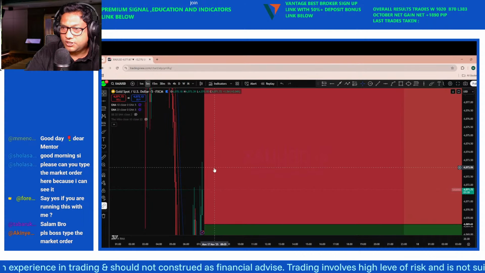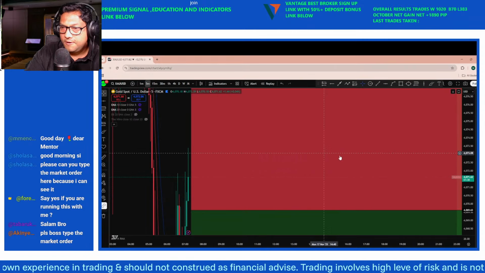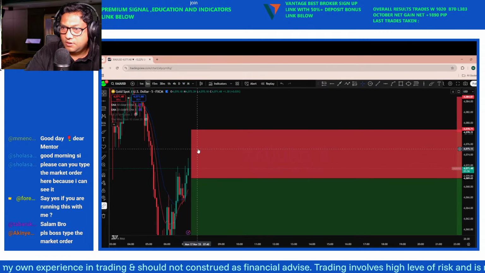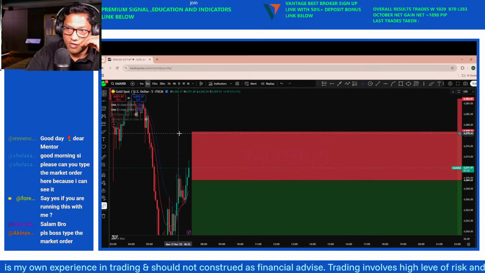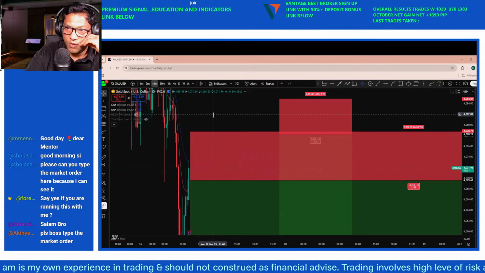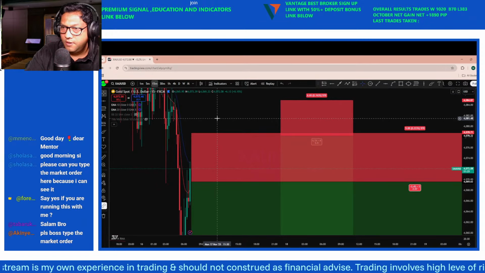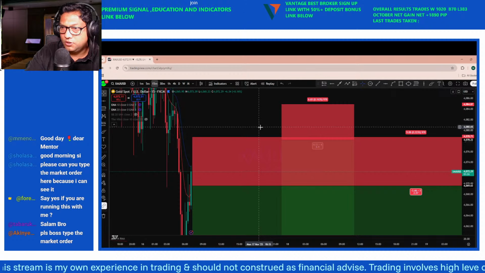Getting this market structure to here. This is pretty strong in that area that we can see in the momentum, and the 15 minutes close is important.